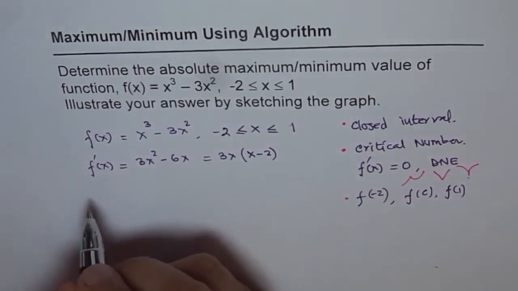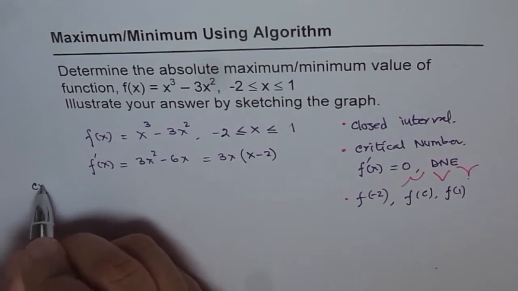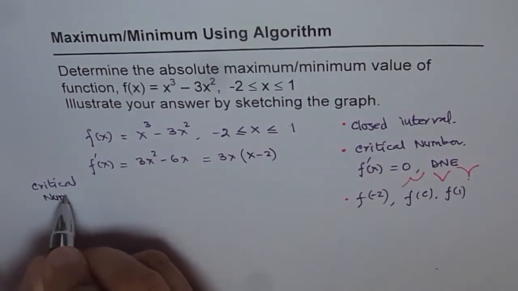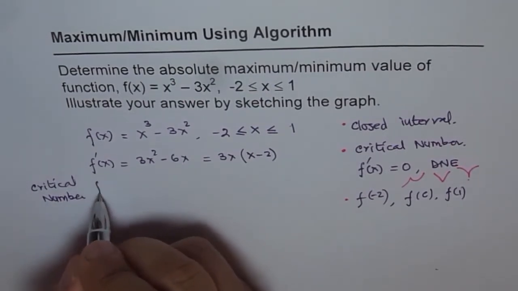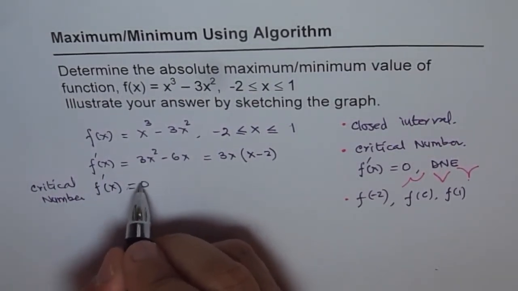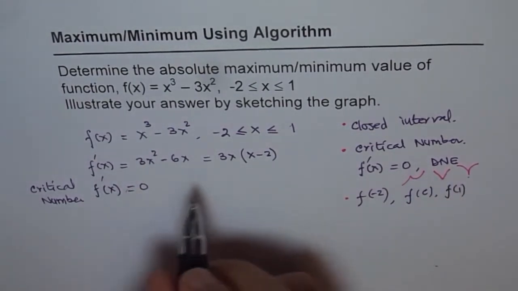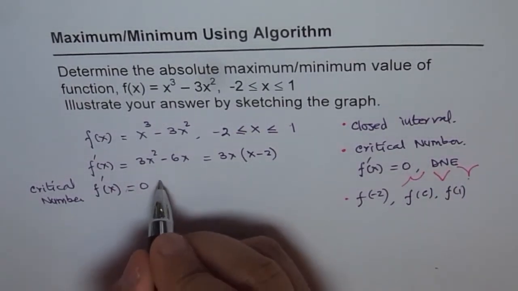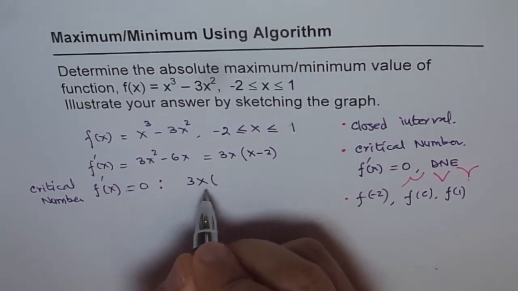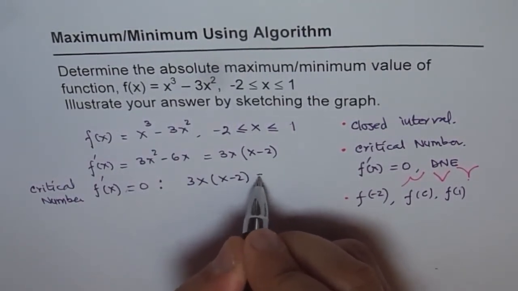So the critical numbers here: for finding critical numbers, we need f dash x equals 0 or does not exist. In this case, it could be 0, right? So for f dash x equals 0, the factor 3x could be 0 or x minus 2 could be equal to 0, right?